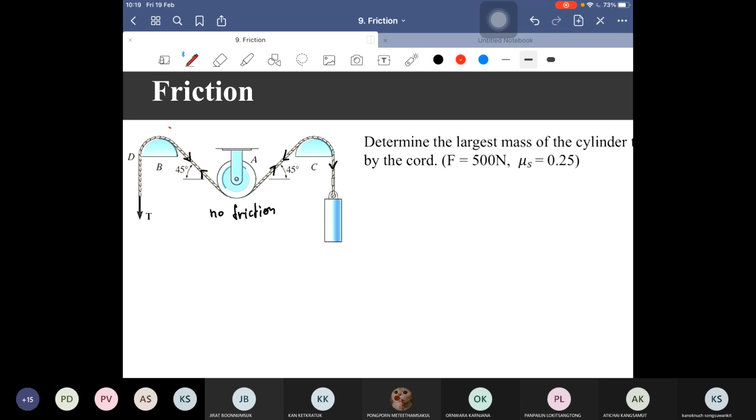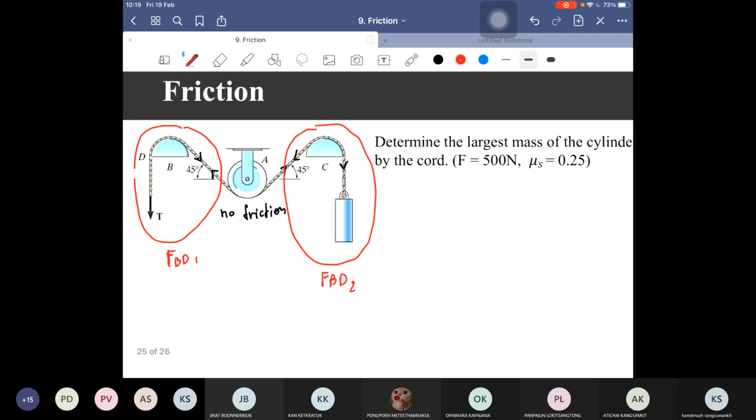Then we can just consider these two free body diagrams. For example, let's see this one. It is T2 and here is T1. So we all know that T2 is equal to T1 e to the power mu beta.